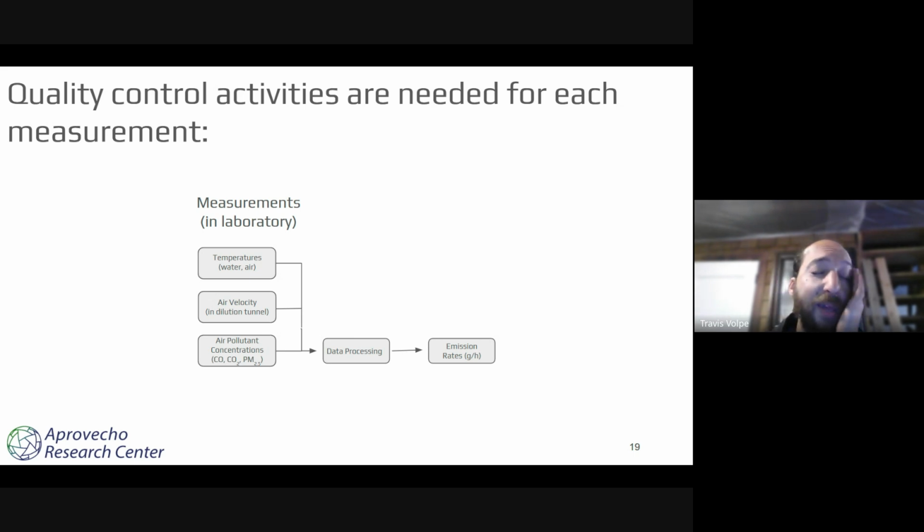So once we have all of our measurements, we need to ensure that the data that we've gathered is accurate and is of high enough quality to be used for an ISO certification test. So quality control activities are needed for each measurement that we take.